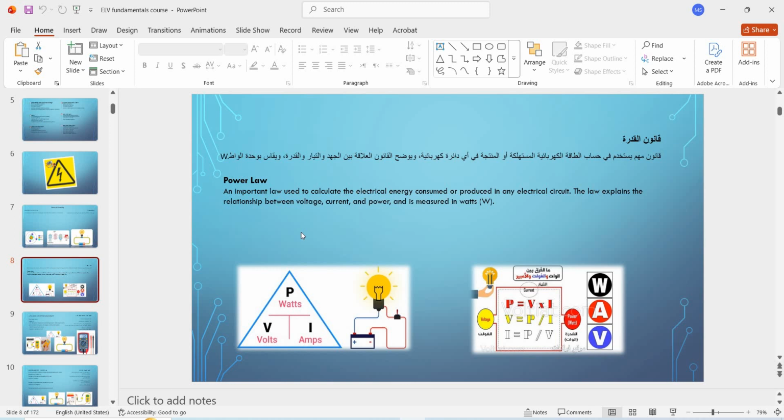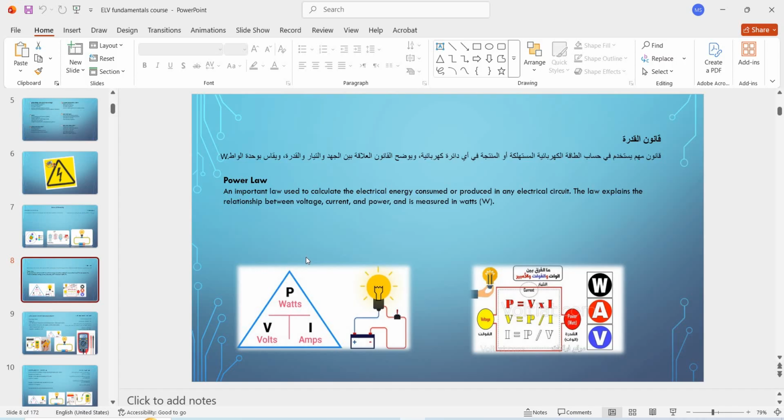We have to understand it first to know how to estimate or calculate the power in the circuit. This law defines the relationship between voltage, current, and power. I'm sure that you have heard before about current, you heard about amps.